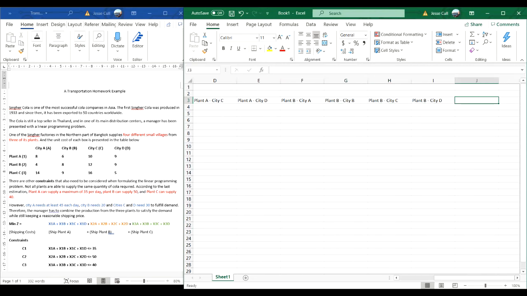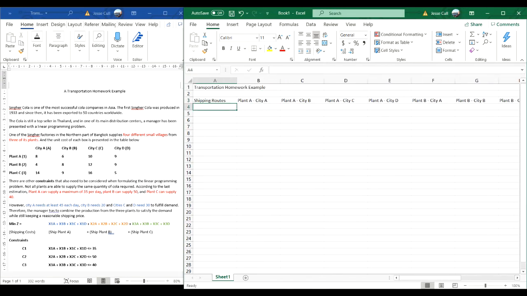Continue on with the last plant, and these four represent our shipments from plant C to each of the four cities.